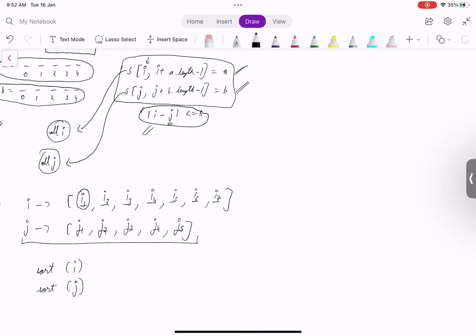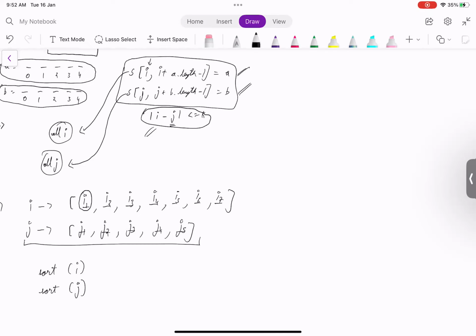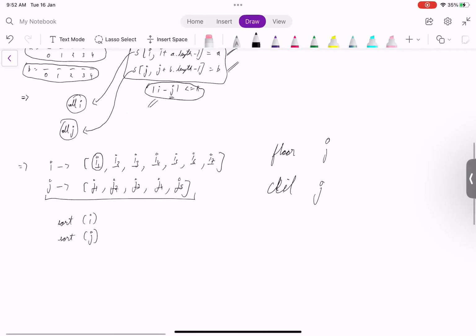So basically, floor is nothing but finding the J value which is smaller than or equal to I1, and ceil is nothing but finding the J value which is greater than or equal to I1. So the closest one which is smaller than or equal to I, and the closest one which is greater than or equal to I.